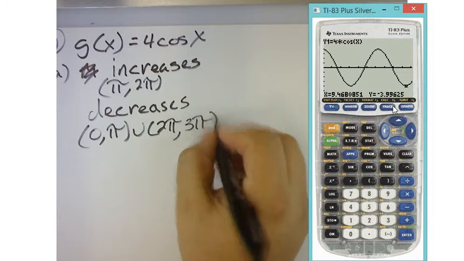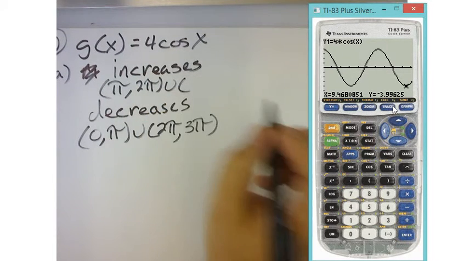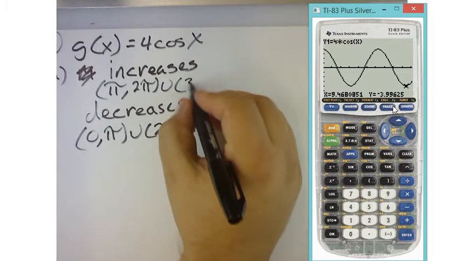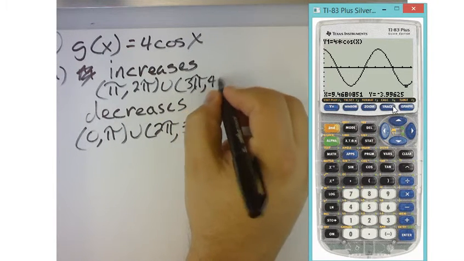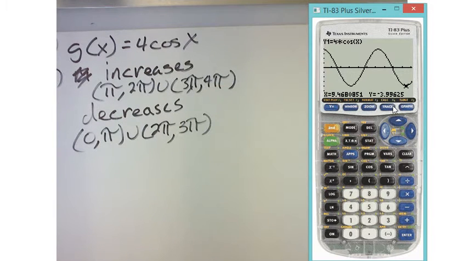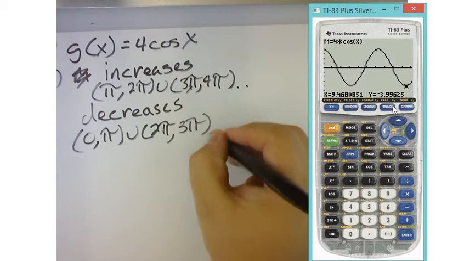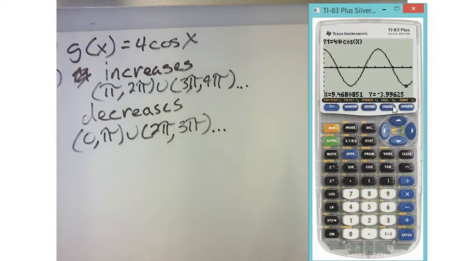And if you had to guess, what would you write up here? 3 pi to 4 pi and so on and so forth. Is there a shortcut way? Because it looks like it's going to keep doing that forever, right? So how would you do that?